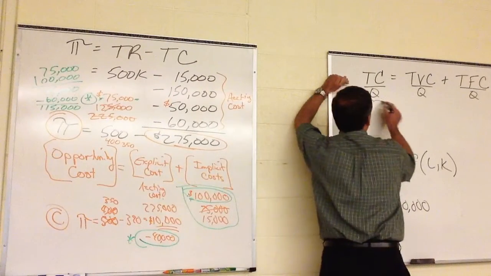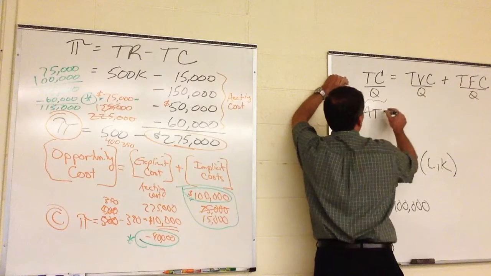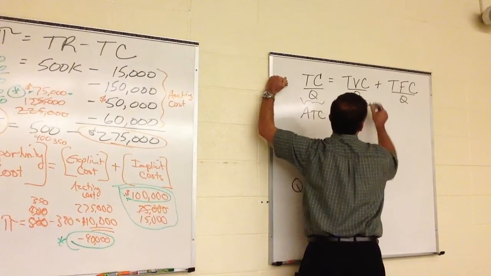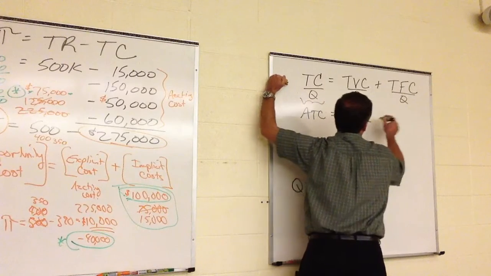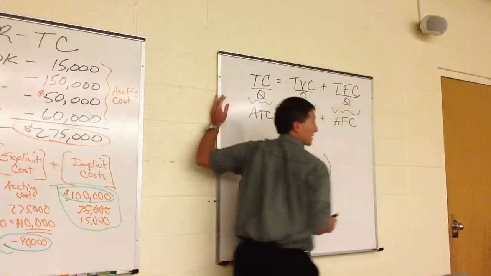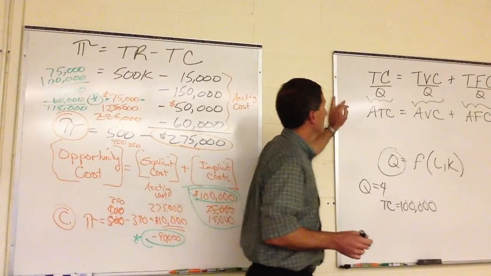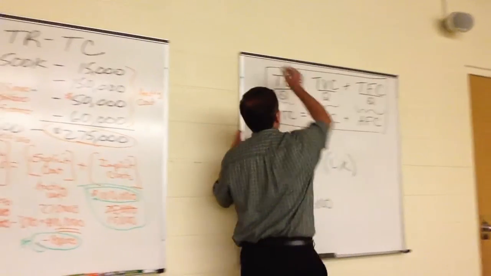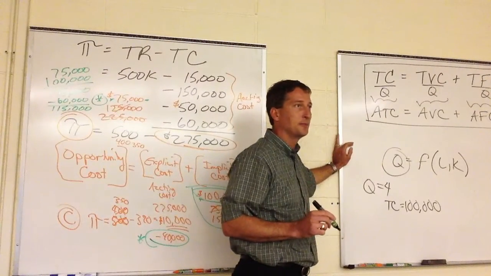And then I learned that the average total cost of doing business is equal to the sum of the average variable cost, which is what Blake was kind of jumping to, plus the average fixed cost. Have this box committed to memory, burned deep.